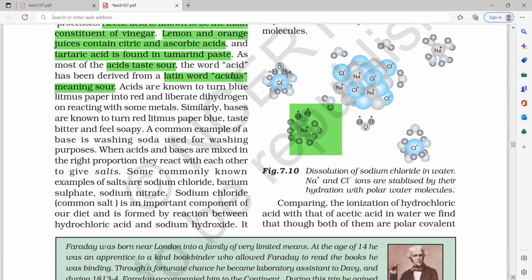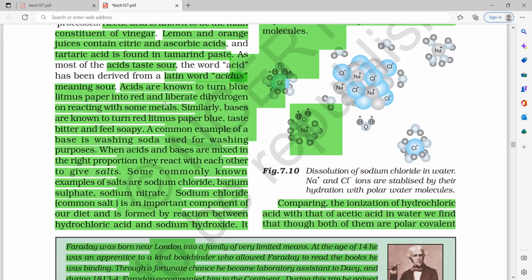Acids are known to turn blue litmus paper into red, and they liberate dihydrogen on reacting with some metals. This you know from your class 10th.